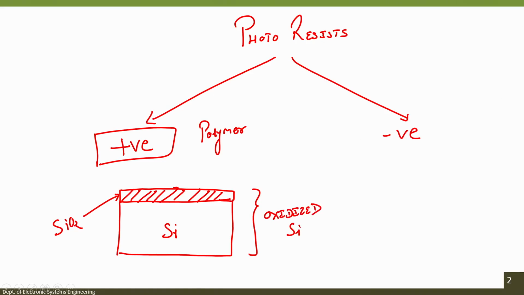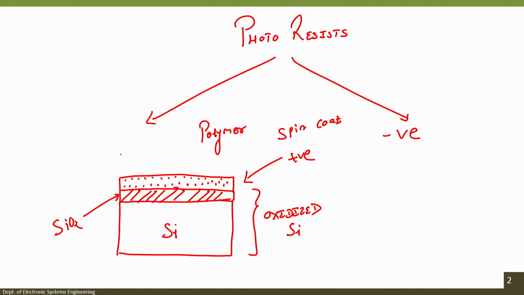On this oxidized silicon wafer, I spin coat positive photoresist, and then there are some steps I will teach you in some slides.